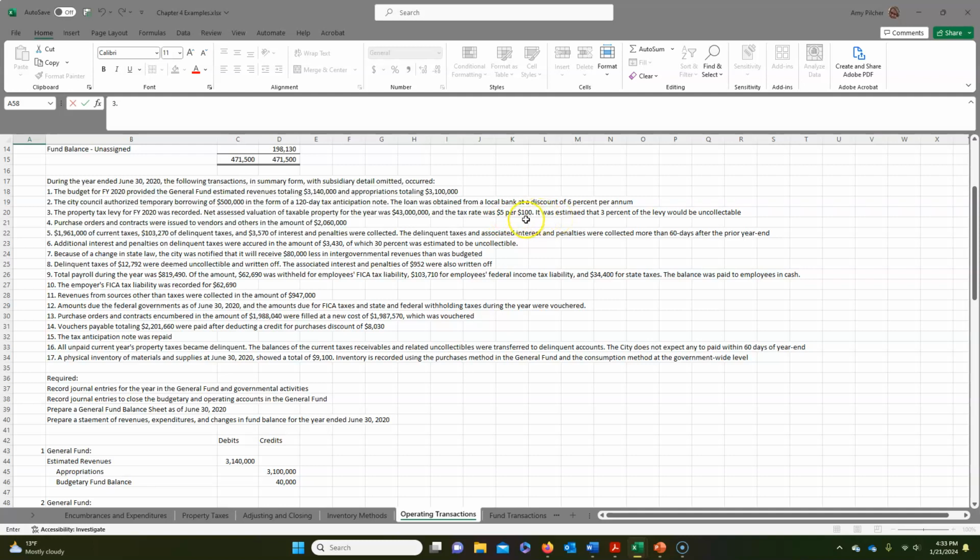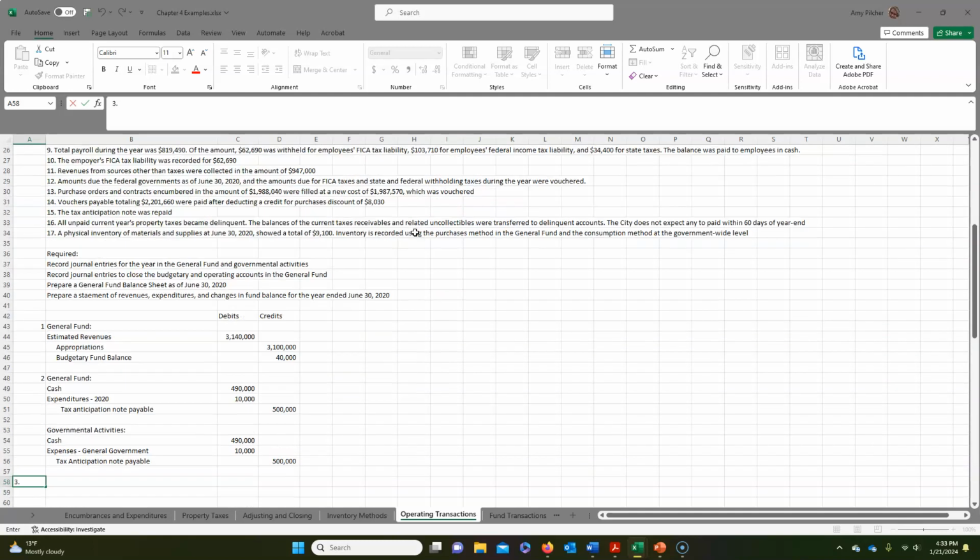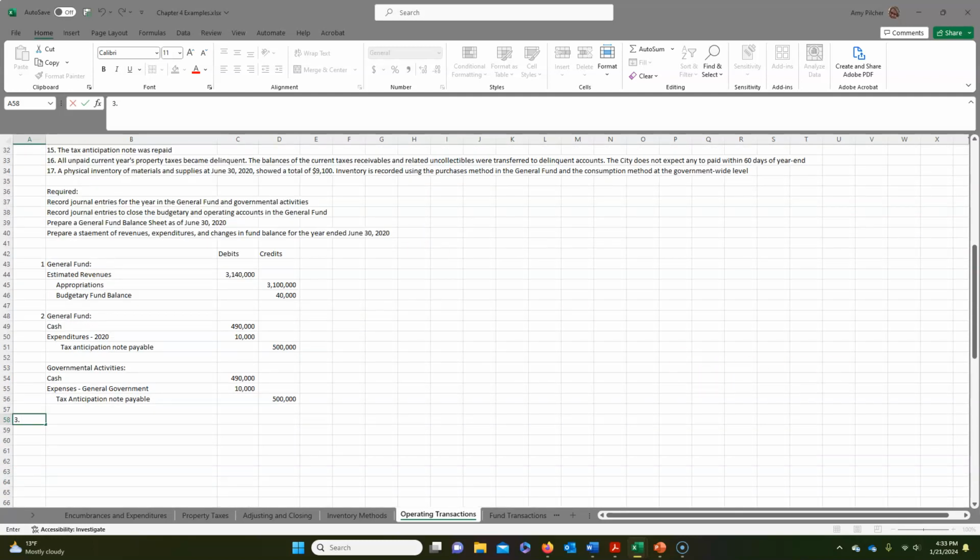We estimated that 3% of this levy would be uncollectible. Okay, so if you take that 43 million times $5 per 100, we get taxes receivable. Oh, this is in our general fund.